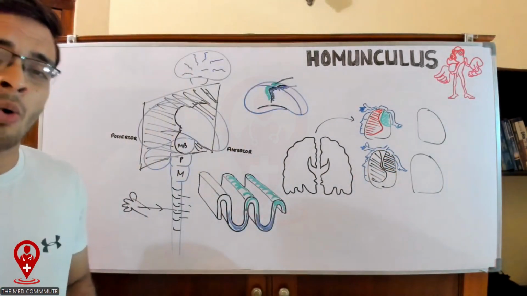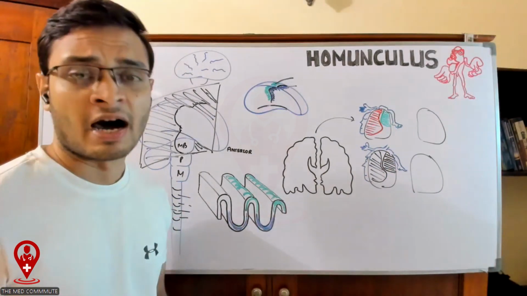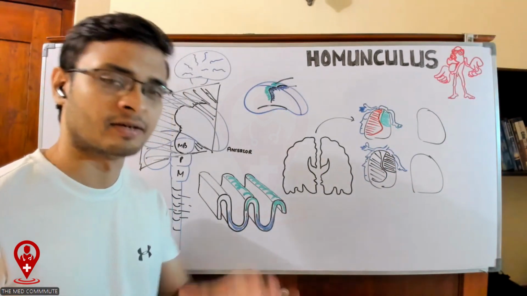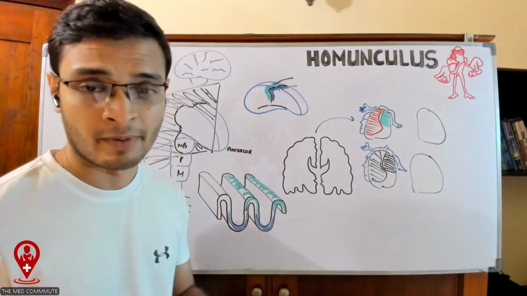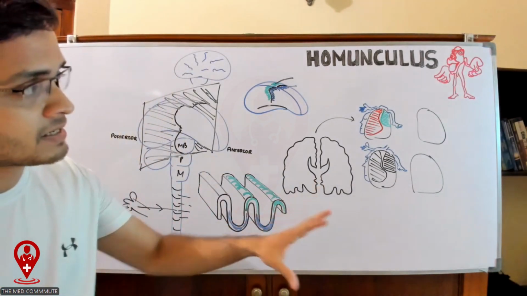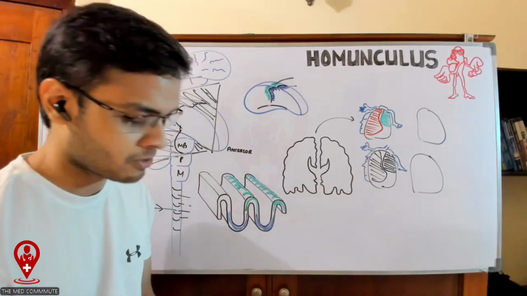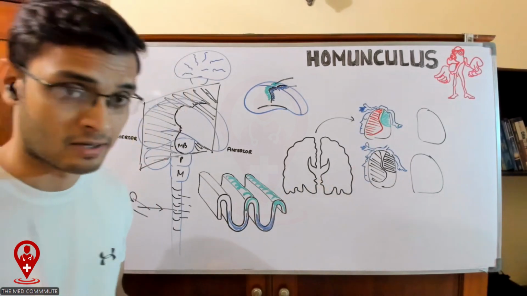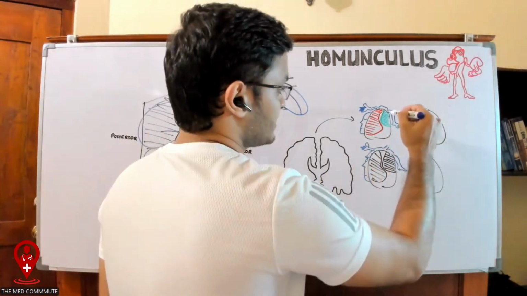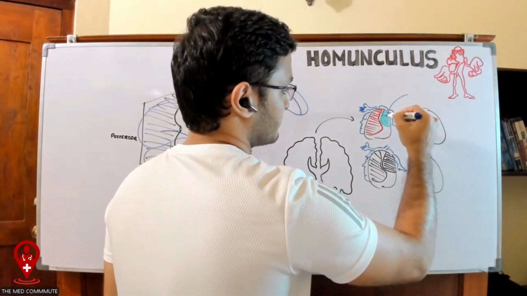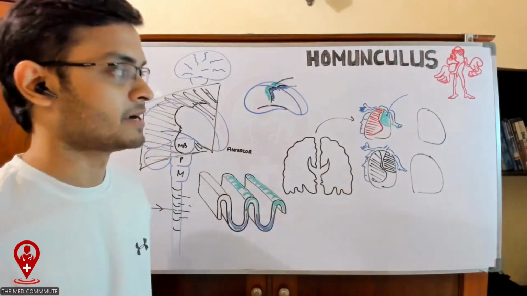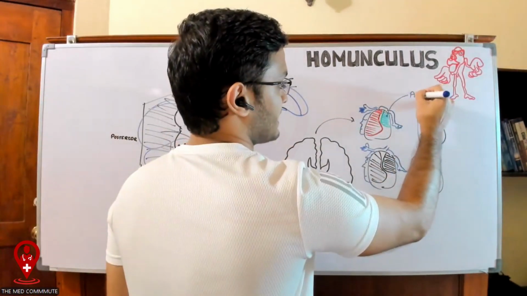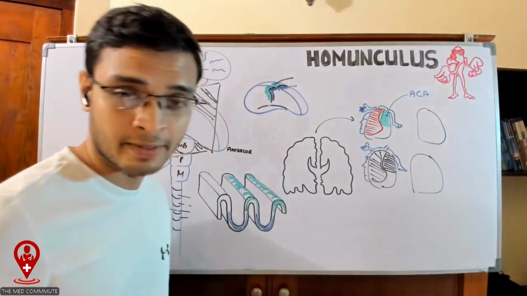Now, what's the importance of understanding the homunculus? Later, we will talk about the blood supply, especially when we're talking about strokes, guys. So here, what I want you all to understand, just know this for now. We will talk about this in depth in our stroke chapter. This area, what we call the medial area, is supplied by the ACA, anterior cerebral artery.